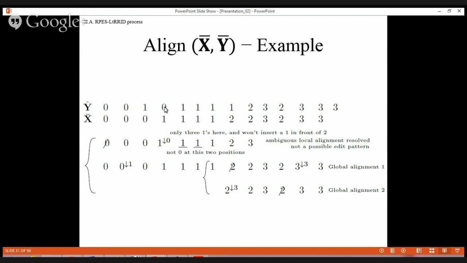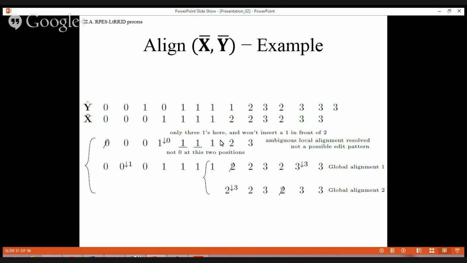However, after this 0 in Y hat, there are 4 ones. Because these 4 ones in X are in the run, and there's an insertion of 0 here, by the definition of the typicalized edit pattern, there will be no other edit in the extended run of these 4 ones.